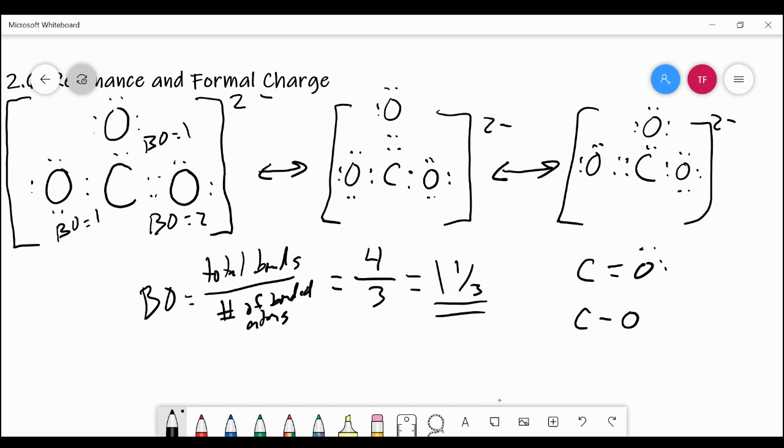So somewhere in between the carbon-oxygen double bond and the carbon-oxygen single bond energy is the bond energy to break these. And so that's how experimentally we know that this model is a good representation of what's going on inside the carbonate ion and inside other structures that have resonance.